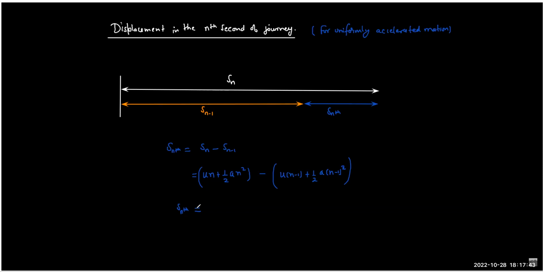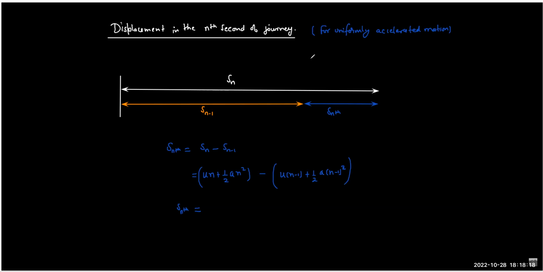Sir, I'm getting 2an square minus 2an minus 2d plus a by 2. Yeah, so I think you have expanded. Anyway, after simplification, what is the u term? Simply you have to subtract, right? It's not a very big deal.